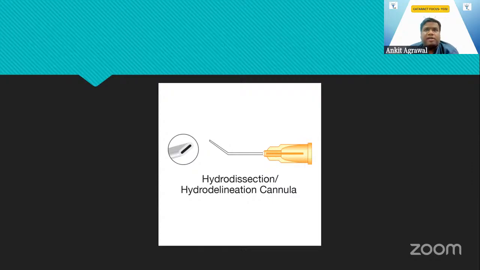Don't use a round needle for it, because sometimes with the round needle you may not be able to put it beneath the capsule and in front of the cortex. And the round needle sometimes may puncture the capsule as well while doing the hydrodissection. So use the proper hydrodissection cannula.